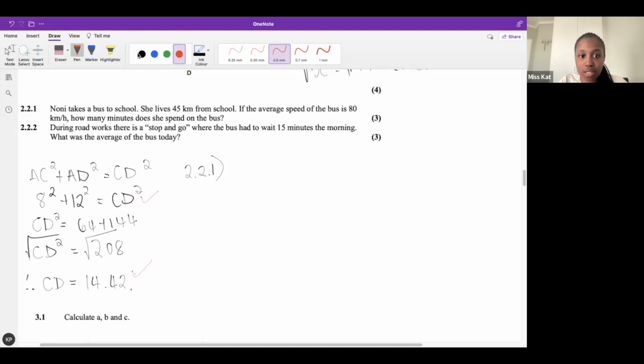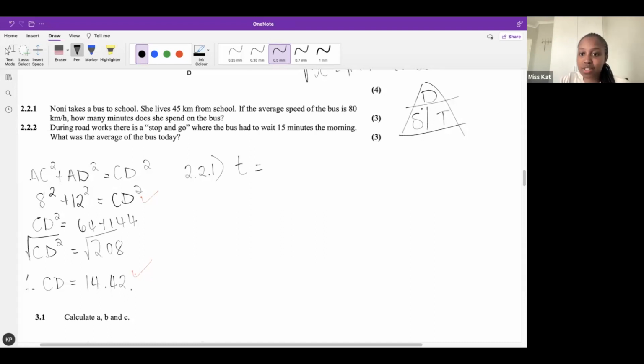So we have been asked how many minutes, that is time. So time, how do we work out time, guys? We should know our triangle. Distance, speed, time. That was my best attempt at that triangle. So if you look here, speed is distance over time, time is distance over speed, and distance is speed times time.